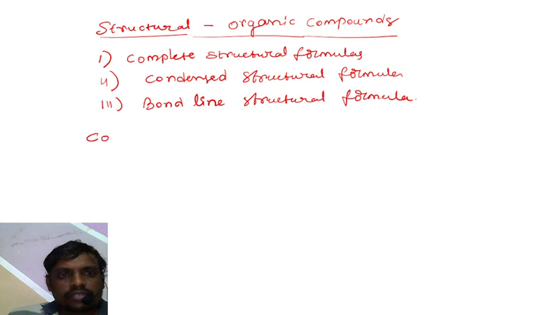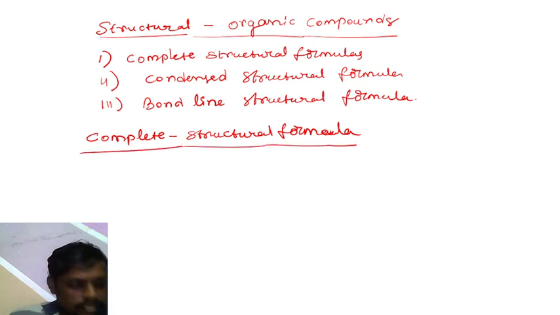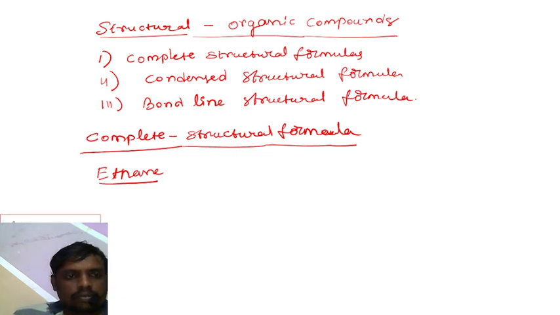Let us take the first one, complete structural formula. So what is complete structural formula? It gives us the complete structure of an organic compound. Let us take ethane. How do we represent its structural formula?